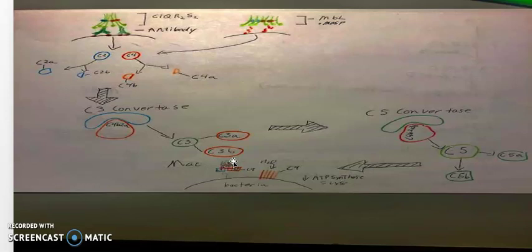So this C3B will act kind of like a tag to allow these apoptotic bodies to be sent and be kind of cleared out of the body. So C3B is very important, probably the most important out of all of the subunits of complement proteins.